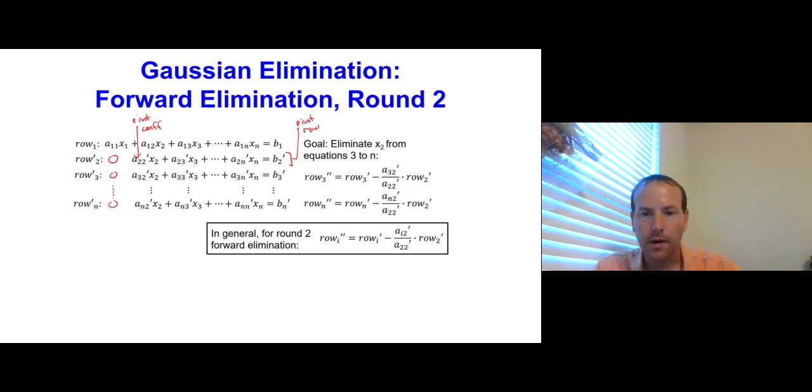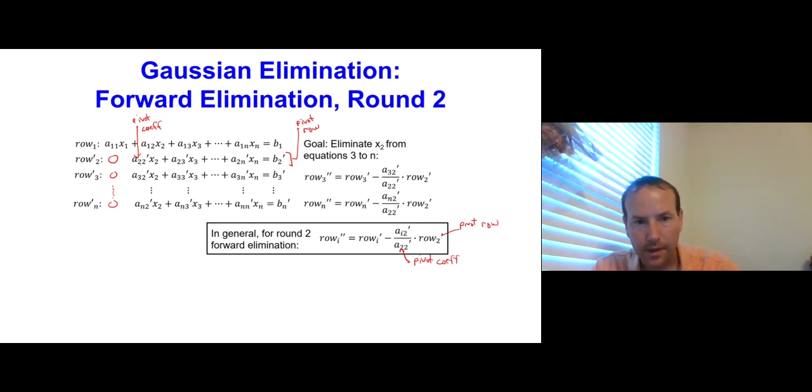And so in general, for any row i, that's given by row i's previous value, and then you've got a ratio of the pivot coefficient, the pivot row, and the i2, which is the second column.